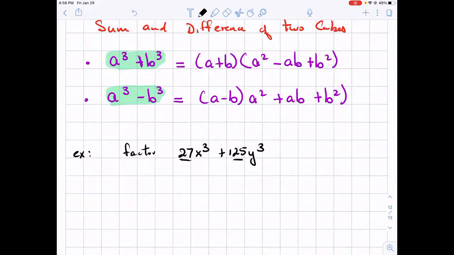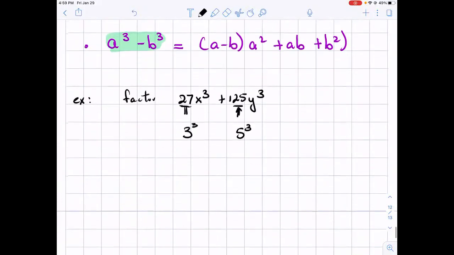And I don't think there is, but I do know the cube root of 27, and I do know the cube root of 125. So 27 is the same as 3 cube, right? And 125 is the same as 5 cube. So I can rewrite this as 3x everything cube plus 5y everything cube.